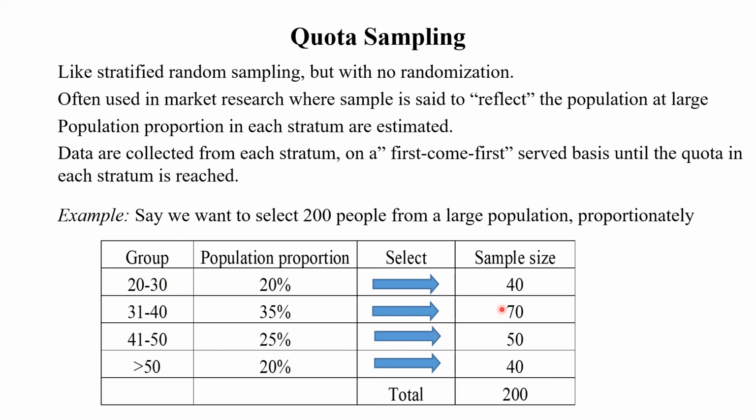As long as it reaches that number, we stop. So here, how does it differ from stratified? There's no randomization, it's on a first come, first served basis. But among the non-probability sampling methods, at least the representation of the population is there, right?